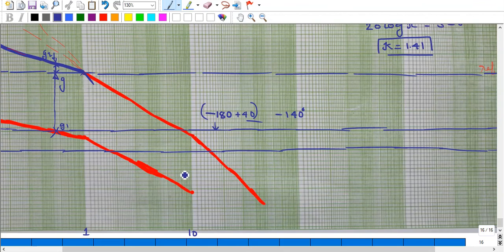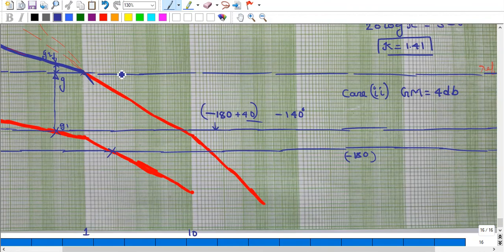Next, case 2. So we shall consider case 2. What does case 2 state? So case 2, they are stating gain margin as 4 dB. Okay, so for that we need to mark one more construction, so let me tell you. If you see, our actual reference line is minus 180 degrees, so it will intersect here.